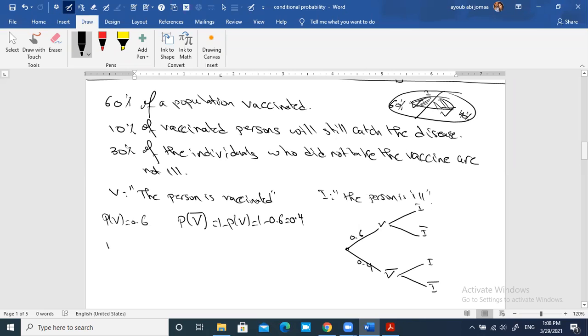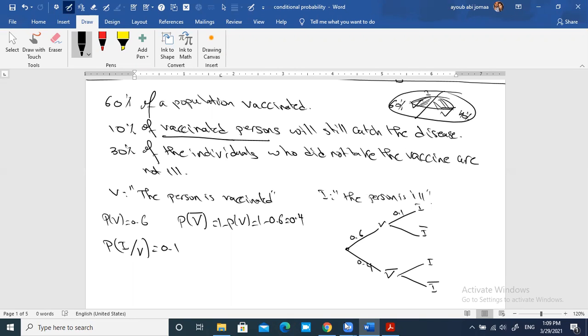High probability that he is ill given that he is vaccinated. أقول لك 10% of the vaccinated persons، يعني assuming that this person took the vaccine, still he is ill, the probability is 0.1. As a probability of ill given that V is equal to 0.1. يعني هاي هون 0.1 ill given that he is vaccinated.